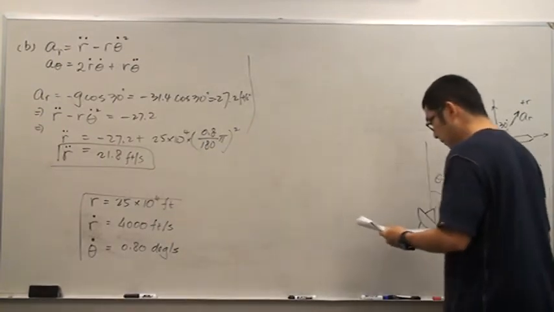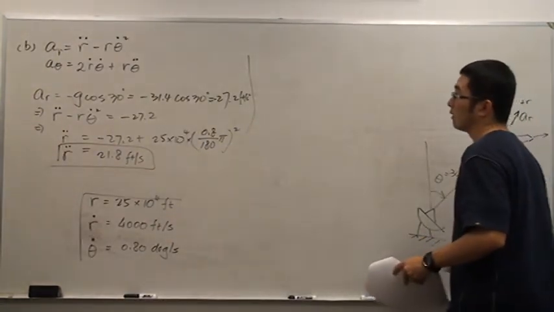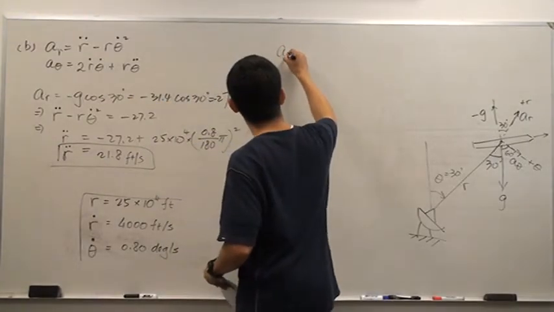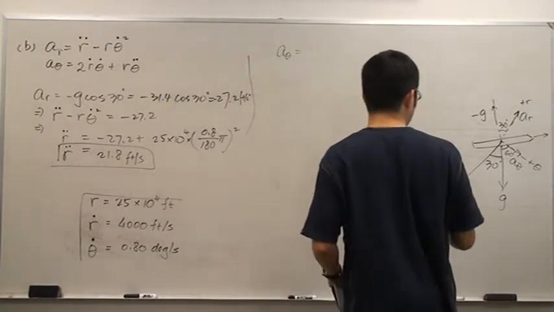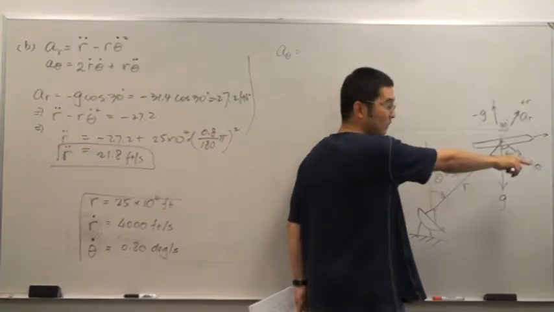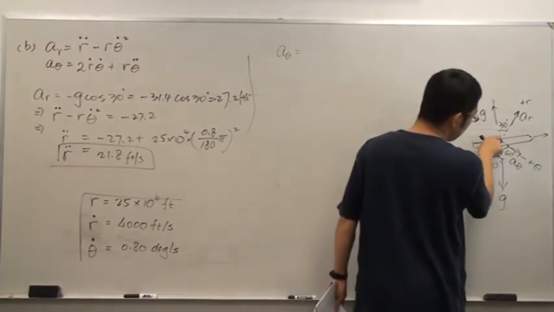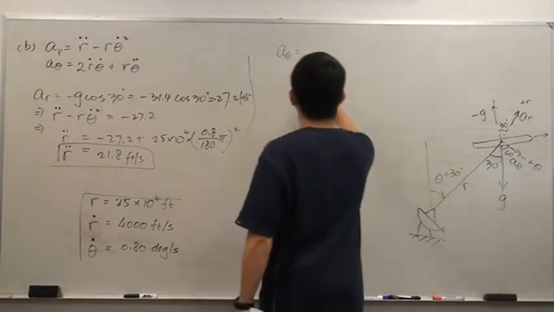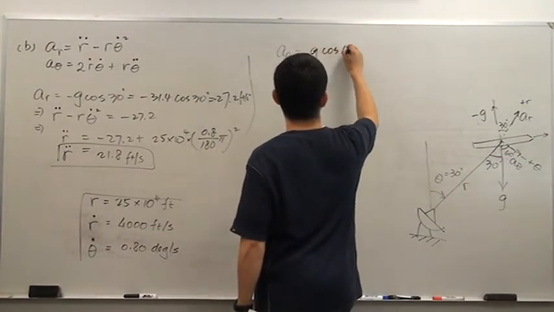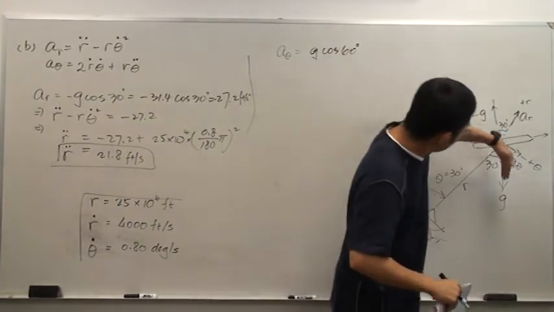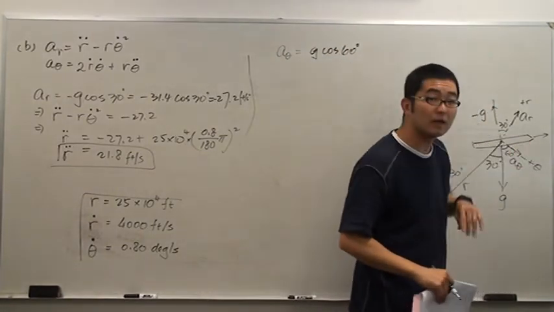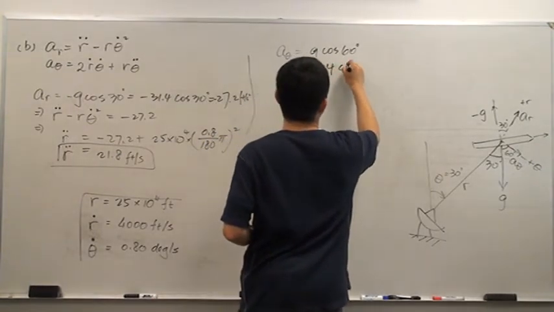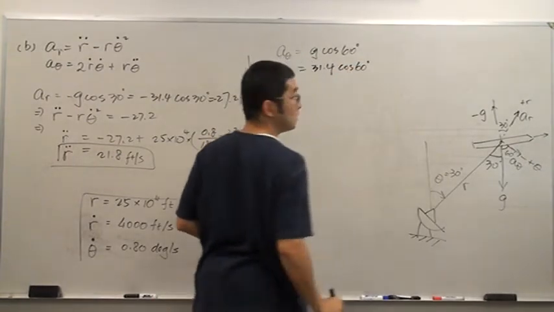So the next part is theta double dot. Theta double dot comes from this equation. So let's figure out what A theta is based on trigonometry. A theta is in this direction. This is going to be a positive number because A theta is nothing more than G cosine 60 degrees. G resolved in this direction, you get A theta. So it's 31.4 cosine 60 degrees.